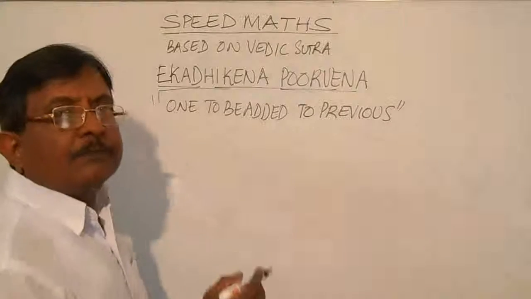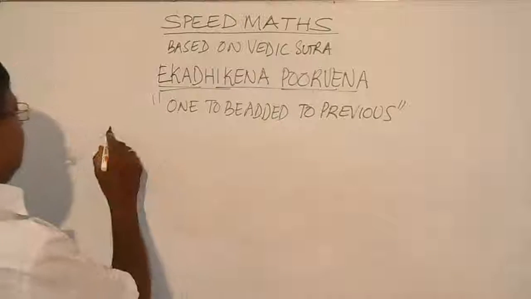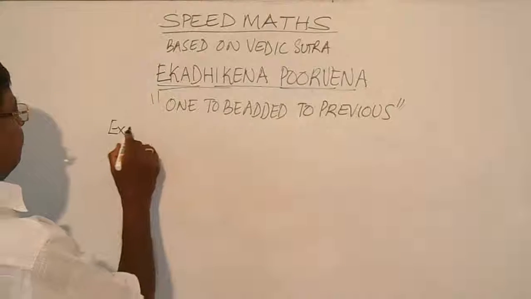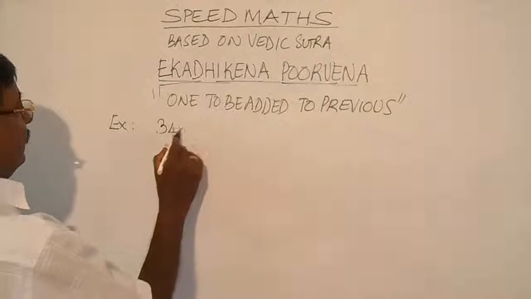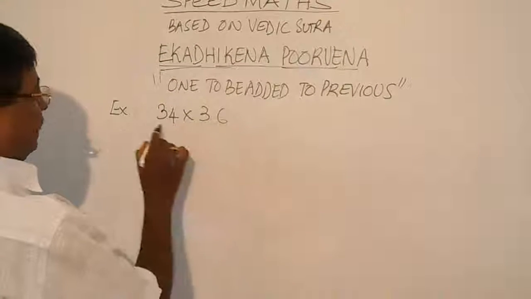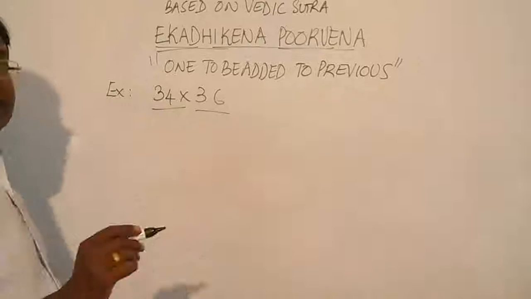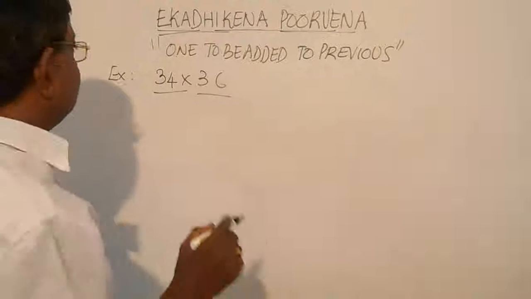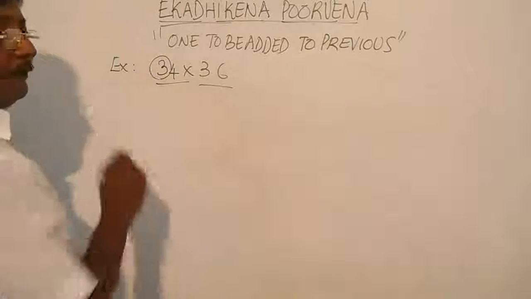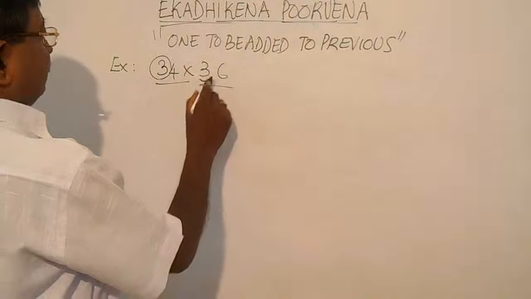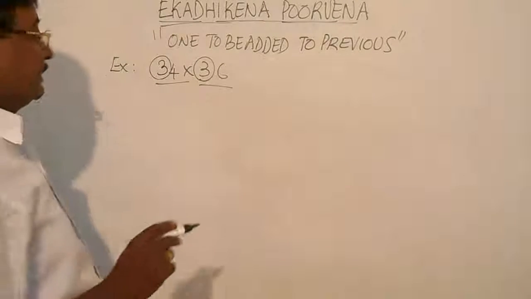We'll see now a few more examples. Example: 34 into 36. So here 34 is a multiplier, 36 is a multiplicand. If you consider 34 and 36, 3 is the prior digit of 34, and 3 is the prior digit of 36.